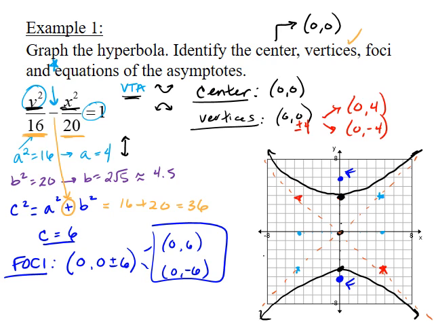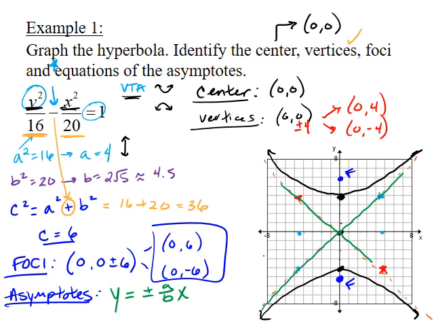The last thing we need to do is find the asymptotes. Because I have a vertical transverse axis, I will use the formula y equals plus or minus a divided by b times x. Now this is the equation of this line with a positive slope and this line with a negative slope. And we use a and b to find those slopes.